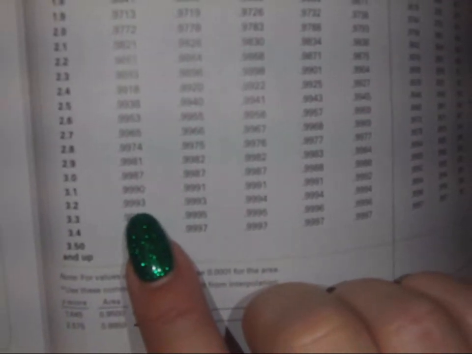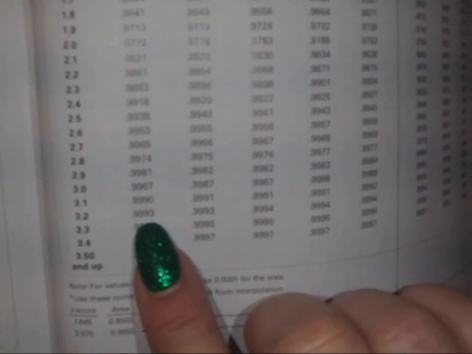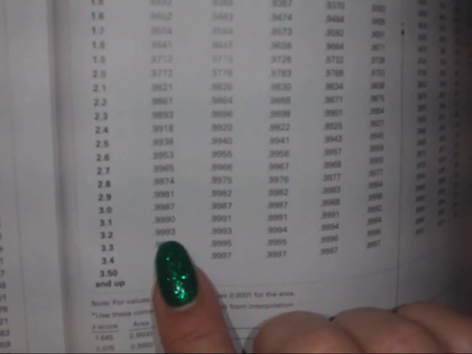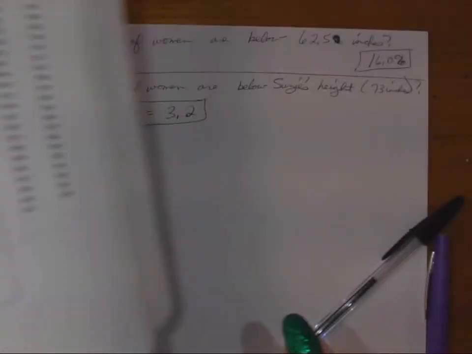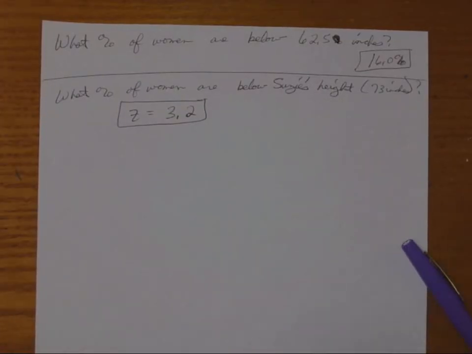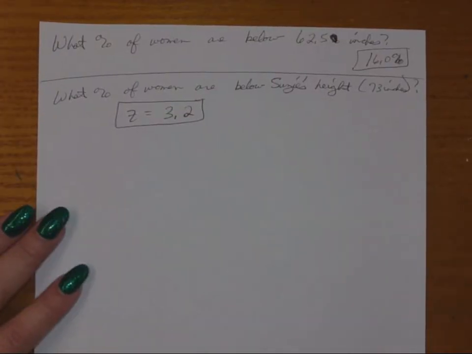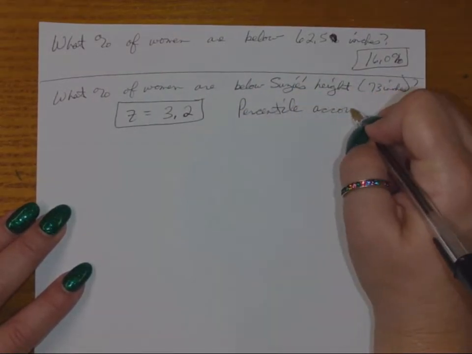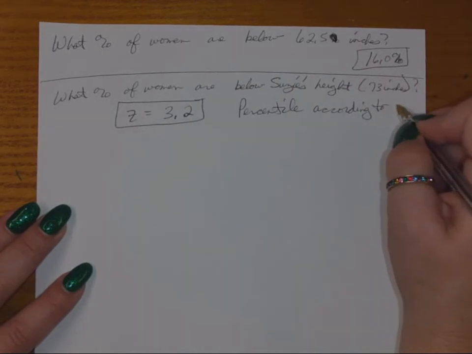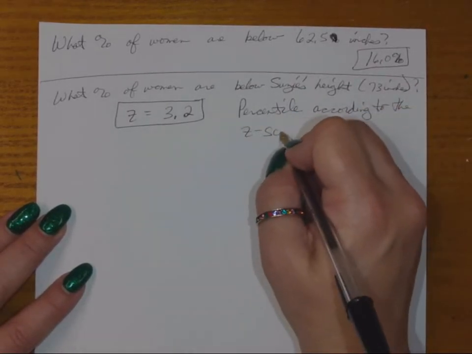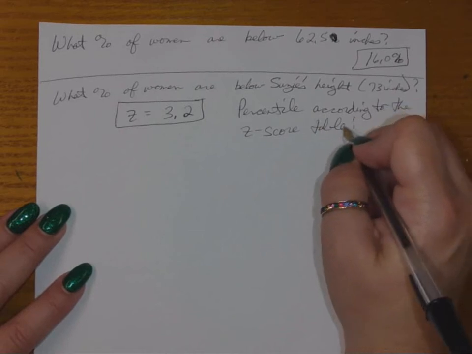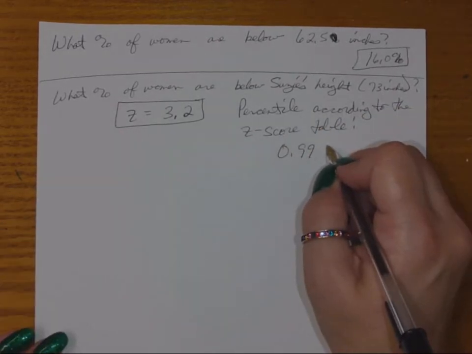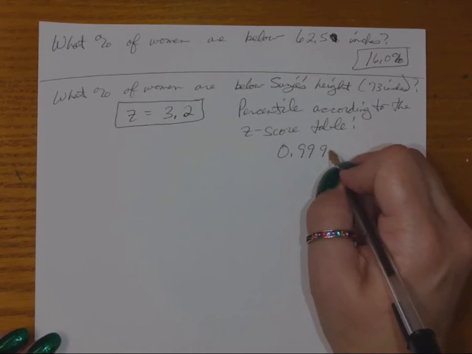And here's my decimal. So Susie is 0.9993. That's the portion of the area that is less than her. Her percentile according to the Z-score table is 0.9993.